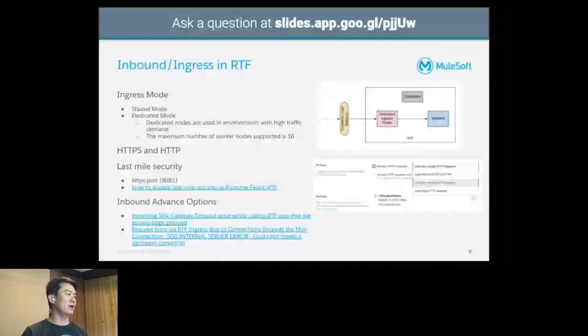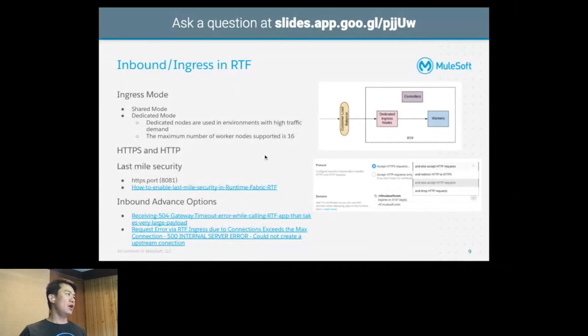Another thing we saw in a customer case is that if many connections try to connect to the Ingress node, it might exceed the maximum connection limit. In that case, you will see the 500 internal server error and could not create upstream connection. In that case, you need to go to this advanced option and raise the maximum connection to a higher limit. These articles you can just search in our help portal with all these keywords. You will hit these articles straight away.